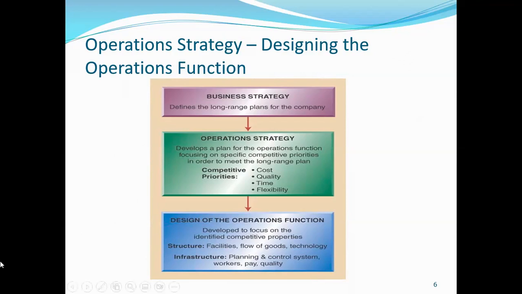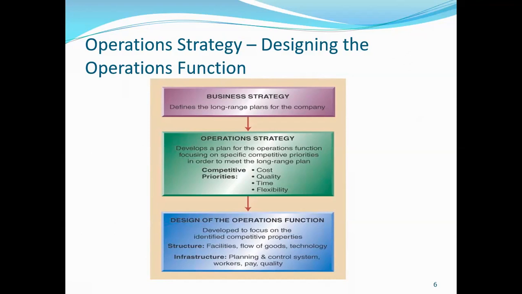So to design the operations function, we will focus on what our competitive priorities are: cost, quality, time, flexibility. And from there we have to develop and design the facilities, design the flow of our product, and decide what kind of technology we are going to adopt.